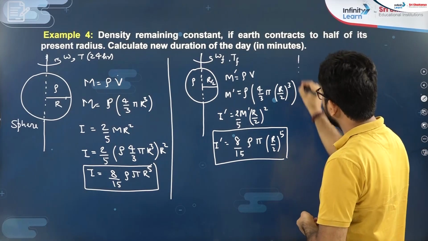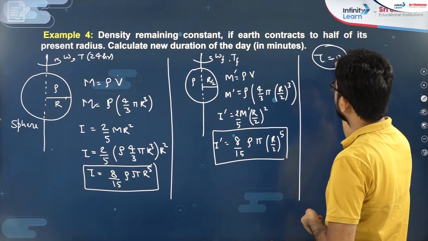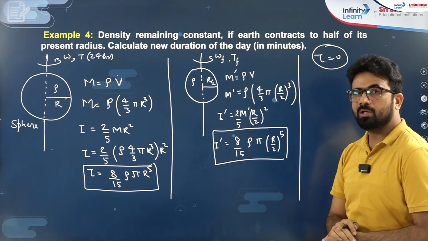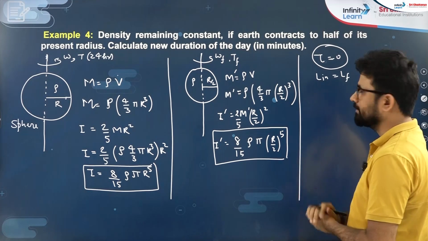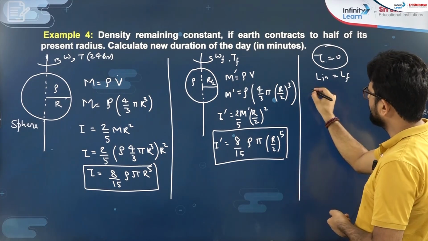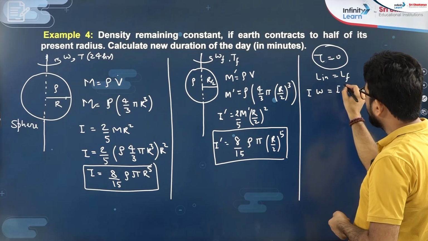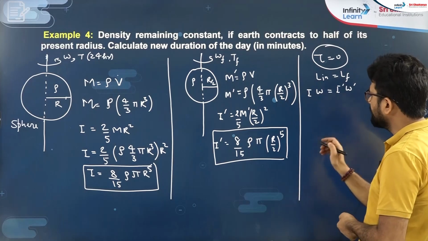I told you here also the torque is equal to 0 because it is happening due to internal forces only, the contraction. So torque is 0, that means initial angular momentum is equal to final angular momentum. What is the initial angular momentum? You will say I into omega, and that is equal to I prime into omega prime. Now put the values.